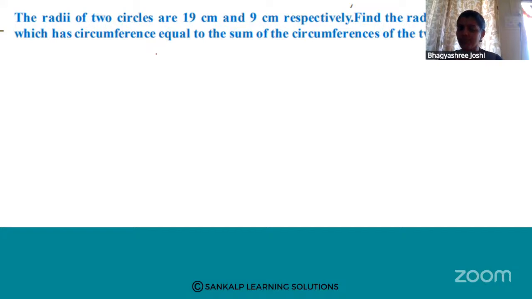But here the circumference of the big circle is equal to the sum of circumferences of the two small circles, right?